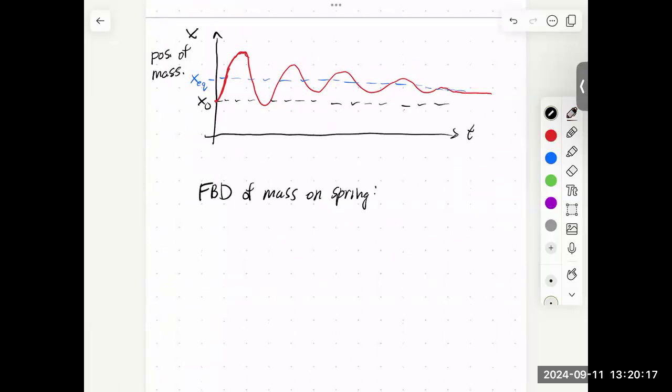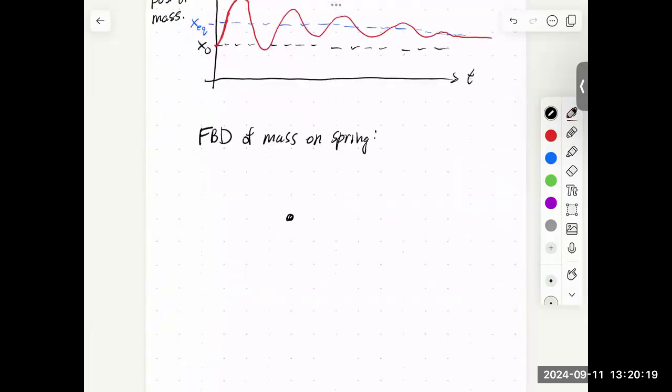Okay, so what forces are acting on our mass? Let's remember we're going to take positive x to be down, and let's suppose that instantaneously at the moment that we're drawing right now, the mass happens to be moving downwards. What are the forces acting on it? Gravity is one of them. Okay, so that's a good one.